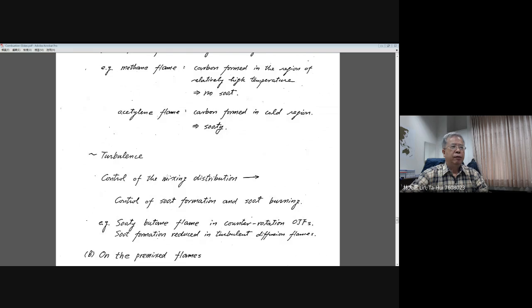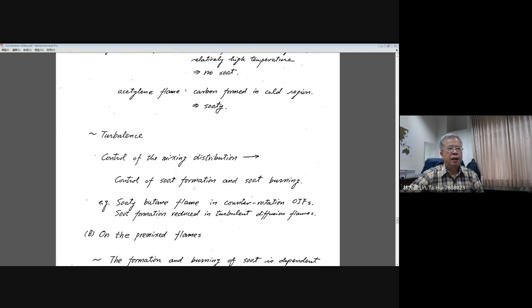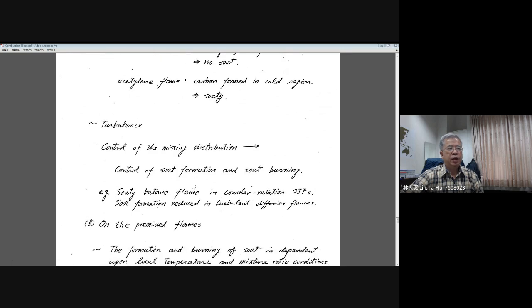Now for turbulence, if you have good mixing, then you will control soot formation or soot burning depending on the local pocket that you may have in your combustion chamber. As we already gave you some idea about sooty flames, a sooty flame can be produced in a counter-rotating opposed flow.